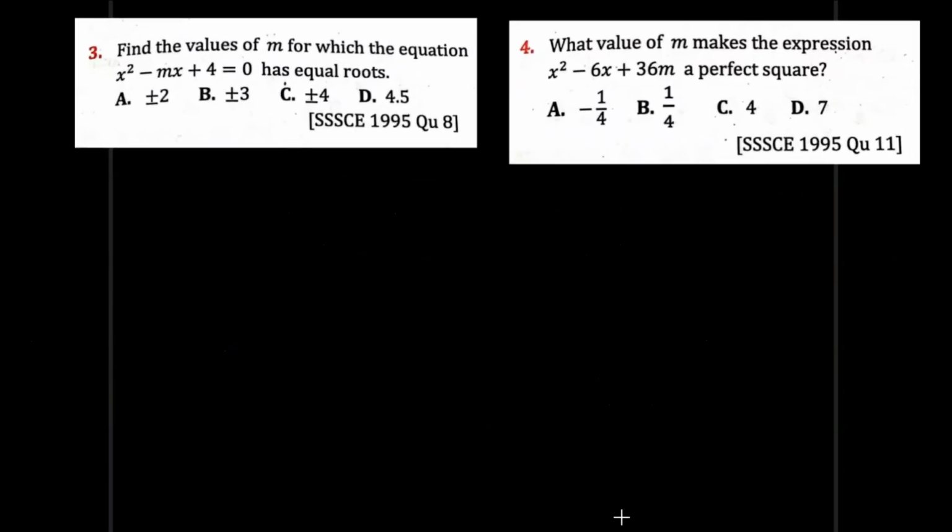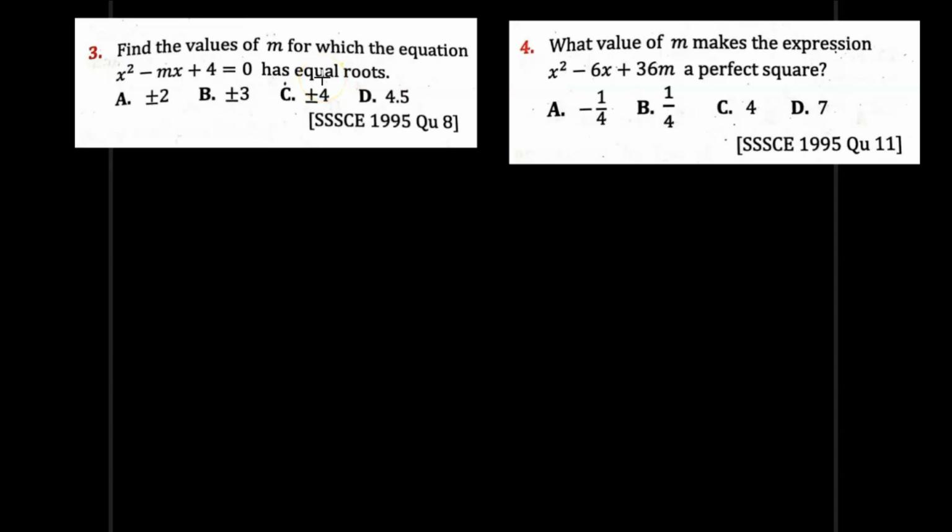Now I have first two examples here which says find the values of m for which the equation x squared minus mx plus 4 equal to 0 has equal roots. So remember, the word is equal roots. Therefore, in order to go ahead solving this question, you should know that the discriminant will help us a lot in getting the answer to this question.